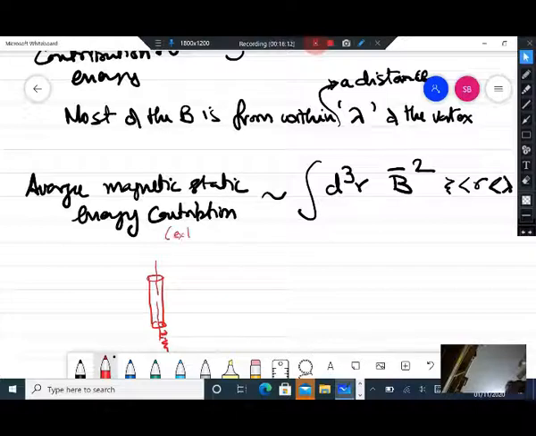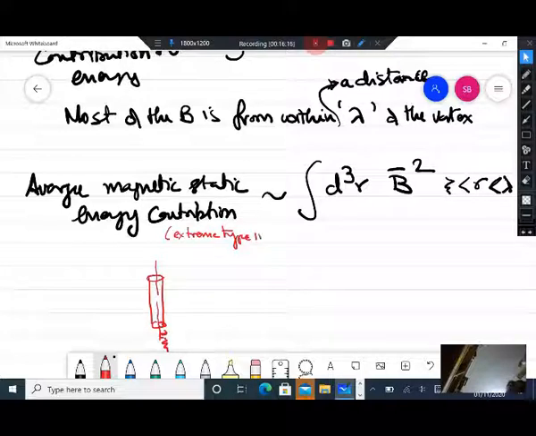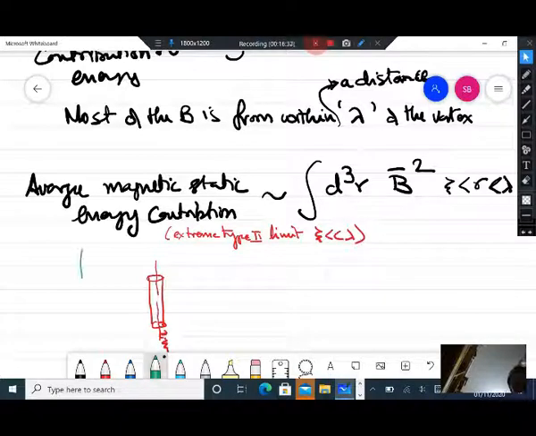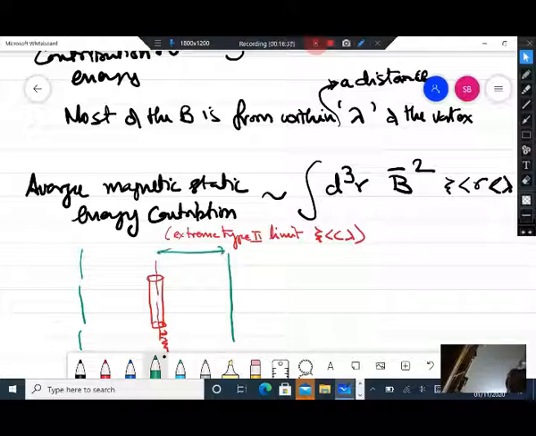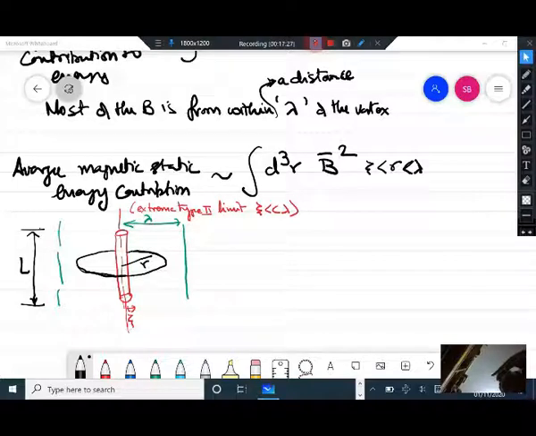So we are basically working in the extreme type 2 limit, where xi is much less than lambda. So you have your lambda which is present here. This is your distance lambda.